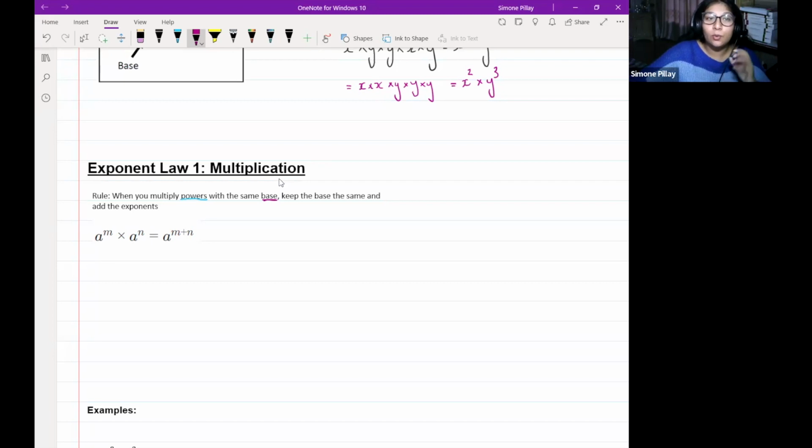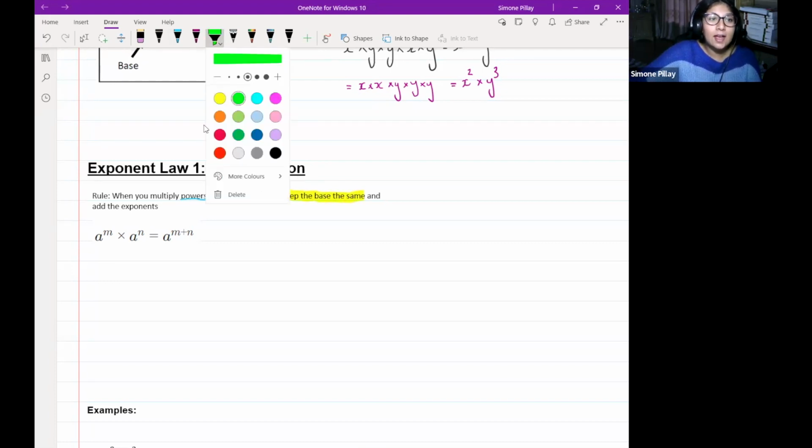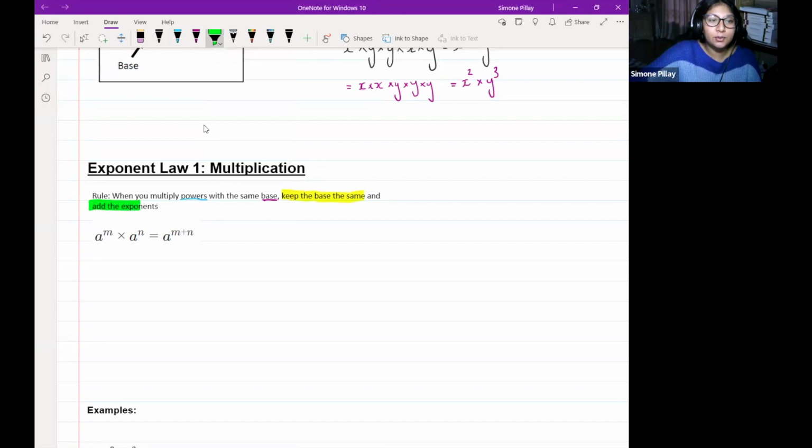What do we do? When I have powers with the same base, I have to keep my base the same. And then what do I do? I add the exponents.